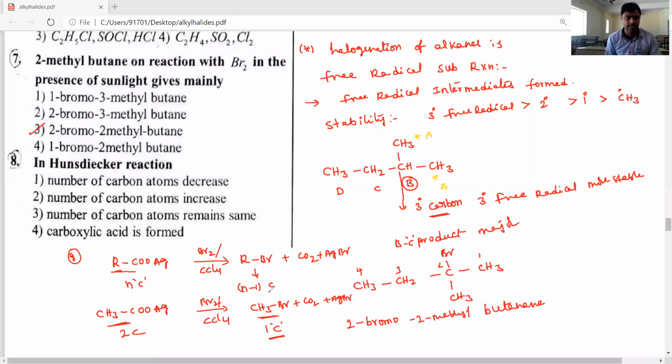In the Hunsdiecker reaction, the number of carbon atoms decreases. How many carbon atoms are decreasing? 1 carbon atom is decreasing. Okay, so the answer is the first one. Carboxylic acids are converted into silver salts, which are converted into alkyl bromides or alkyl chlorides. That product contains 1 carbon less, so the number of carbon atoms decreased. Okay, students, let's go for the next question.